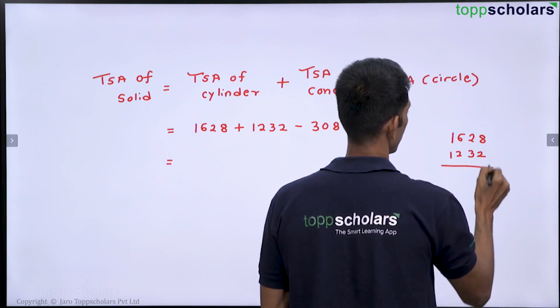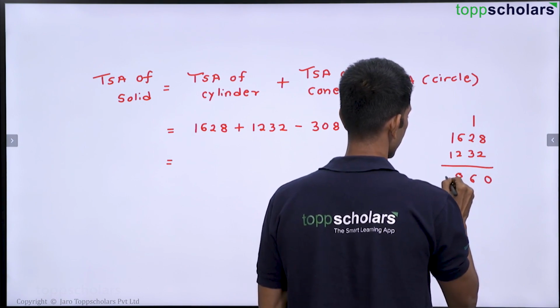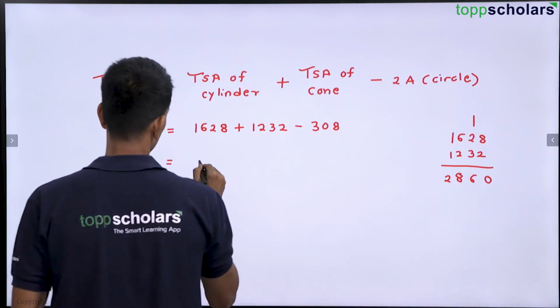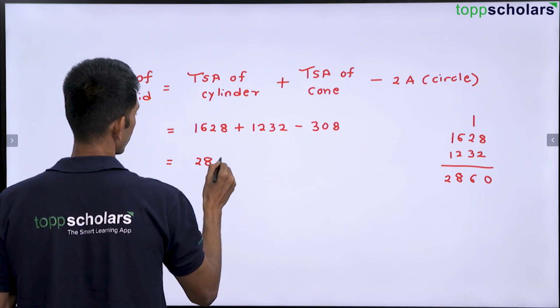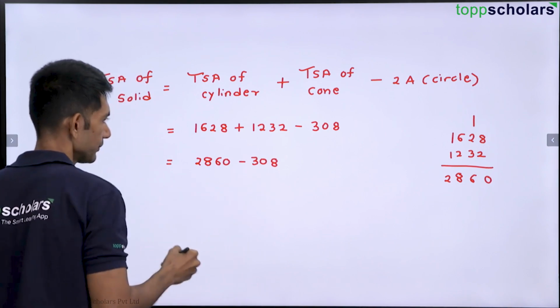1628 plus 1232: 8 plus 2 is 10... you get 2860. So you get 2860 minus 308.